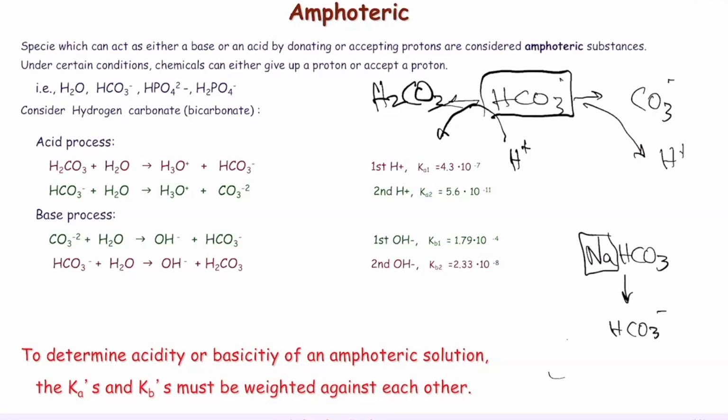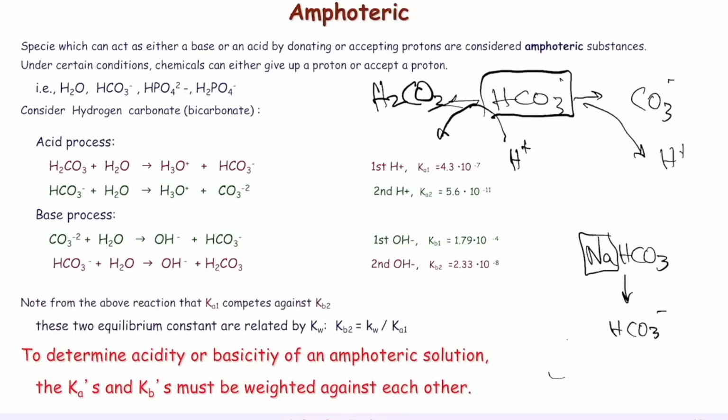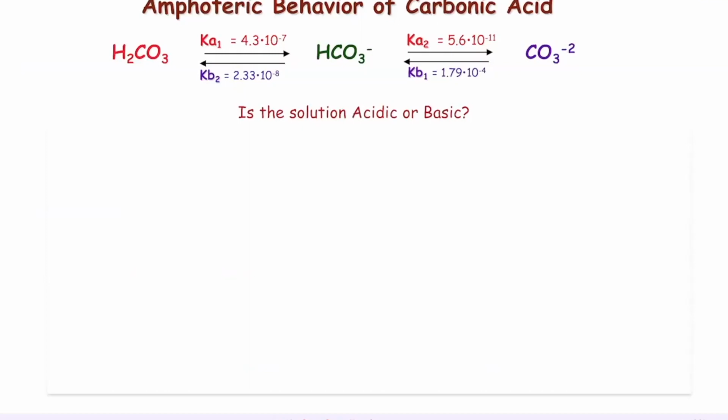But the question is, if we put baking soda in water, will that solution have a pH above 7 or below 7? Is that solution going to be basic or acidic? That's the question.